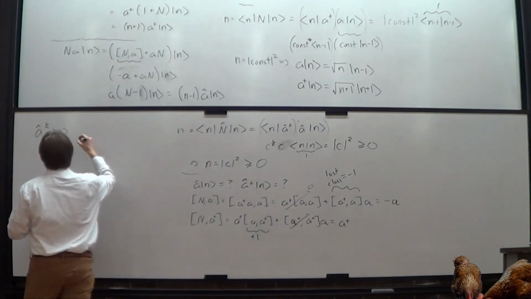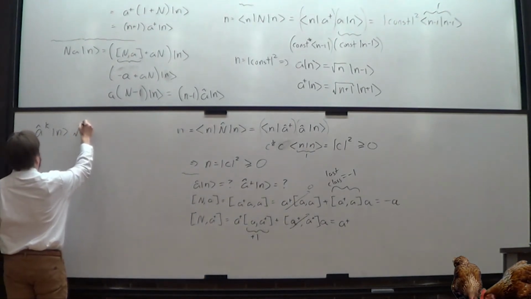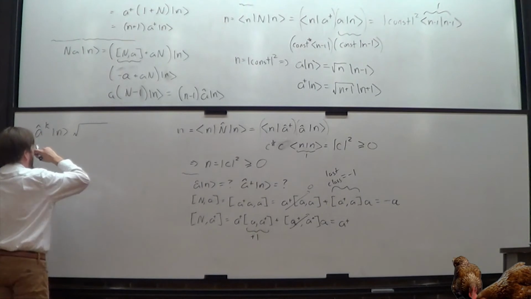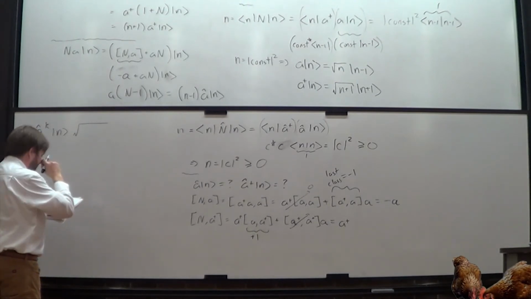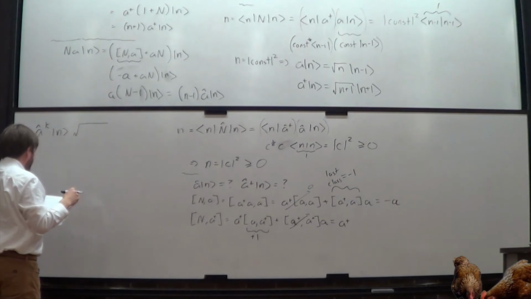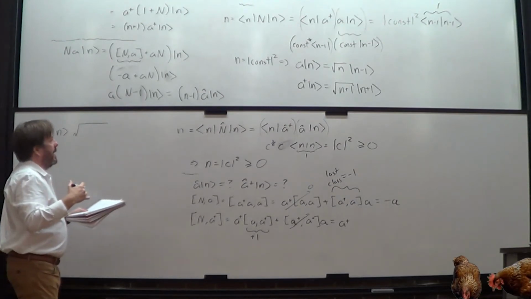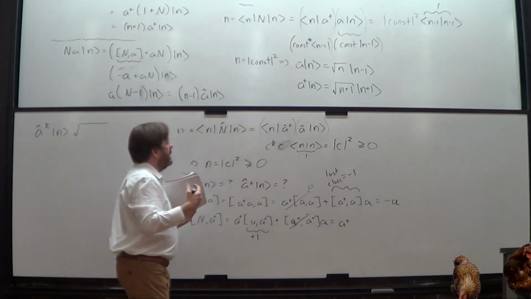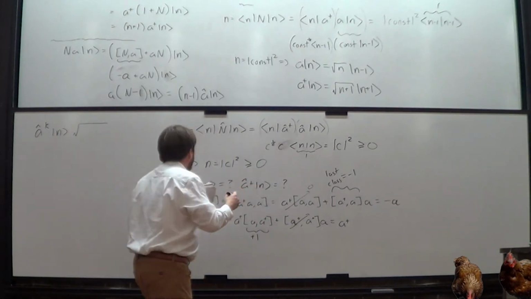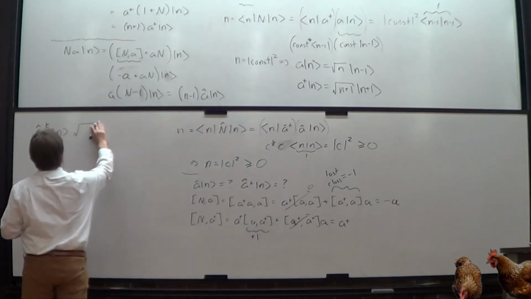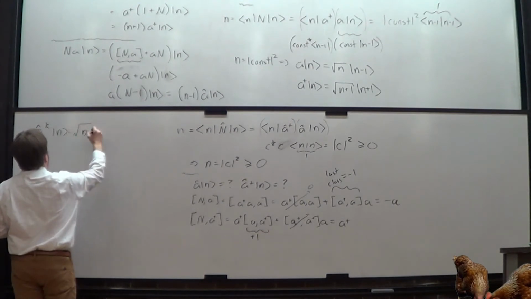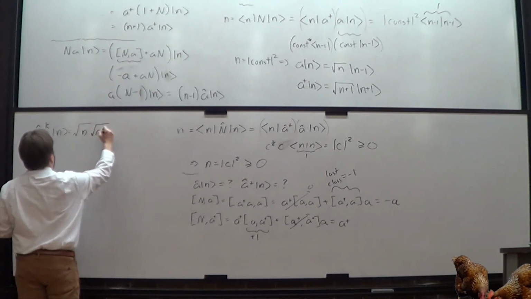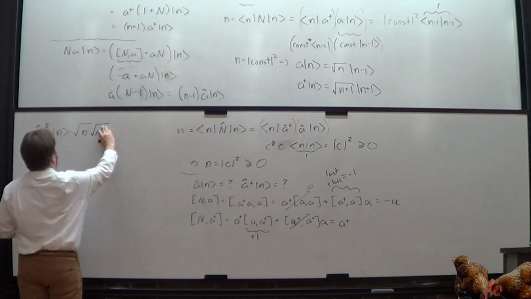Okay, so we know that, let's see, what does it do? It gives the square root of the quantum number. And then it would give, what would it do? Let's write this down. And minus 1, right?